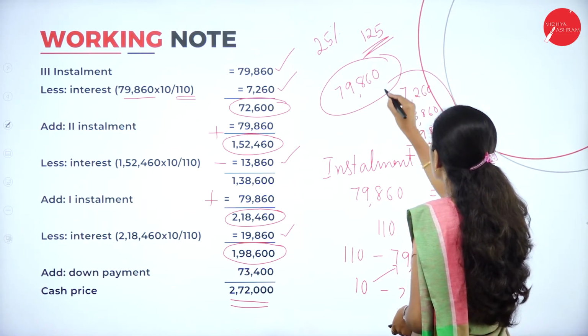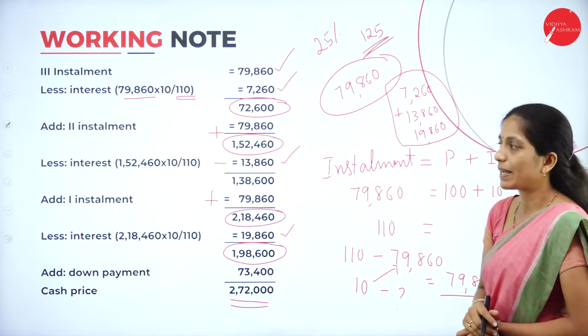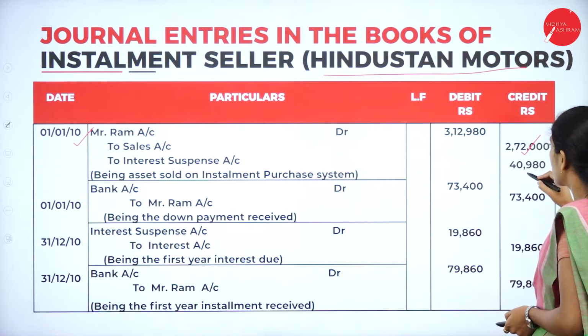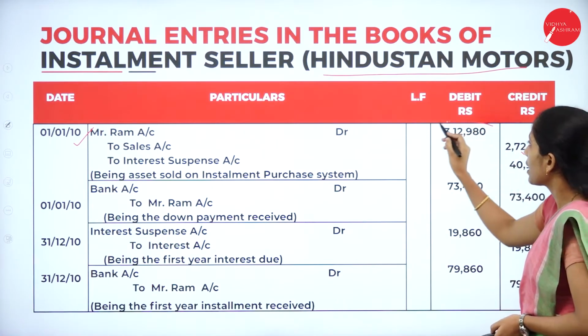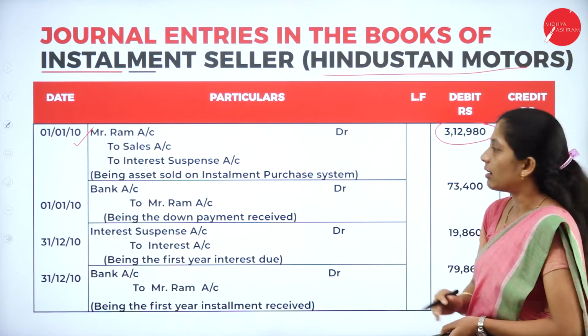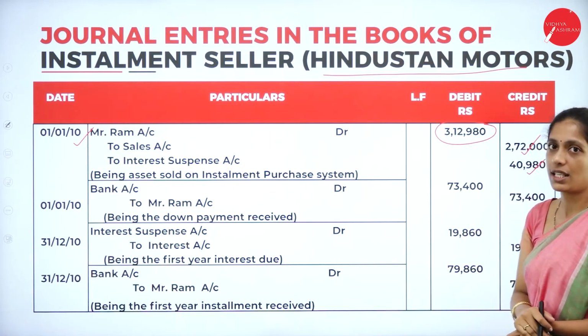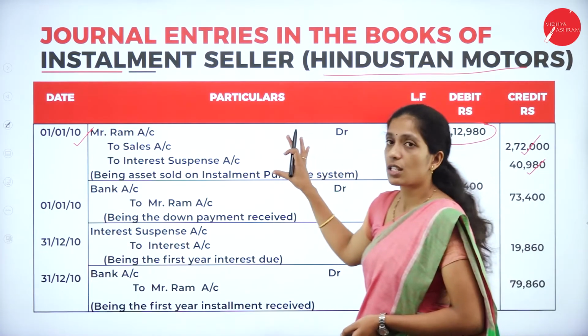The total of this will be transferred to interest suspense account. So what is the total? That is 40,980. Now you add these two and write in Mr. Ram's account: 3,12,980.